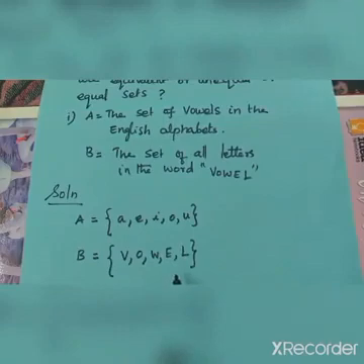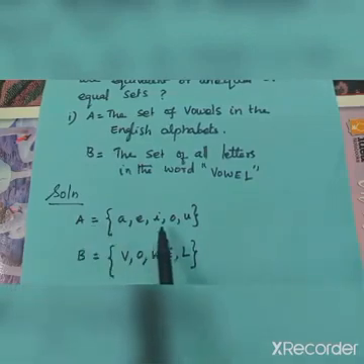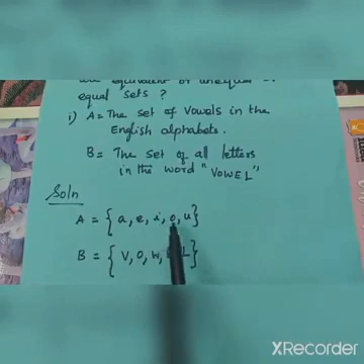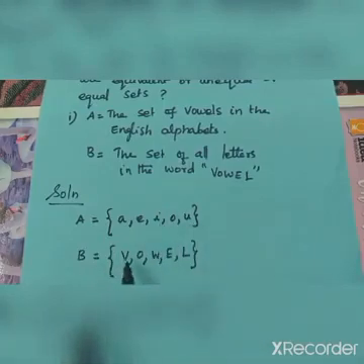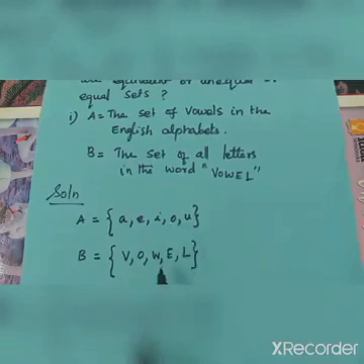So if the number of elements is the same, we can say both sets are equivalent sets. Here set A has 5 elements: 1, 2, 3, 4, 5. Similarly, set B also has 1, 2, 3, 4, 5 elements. So both sets A and B can be said to be equivalent sets.